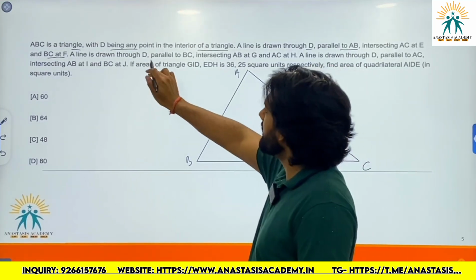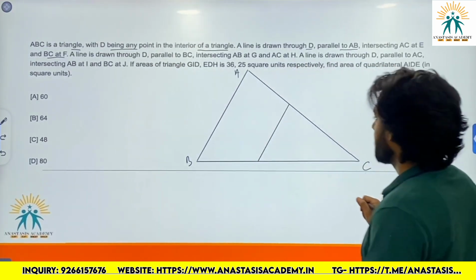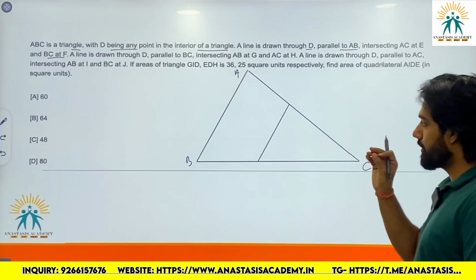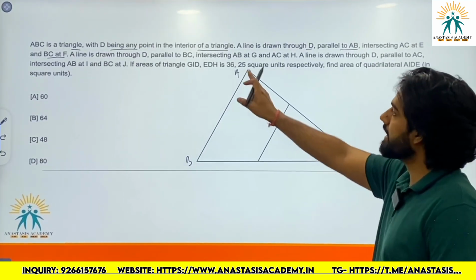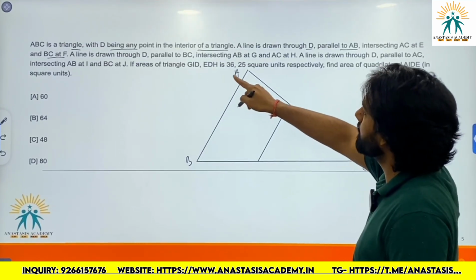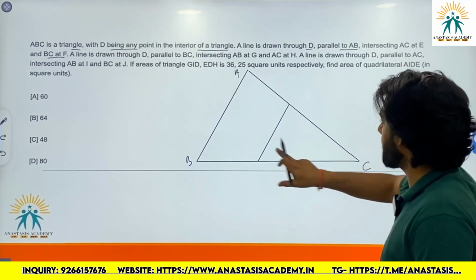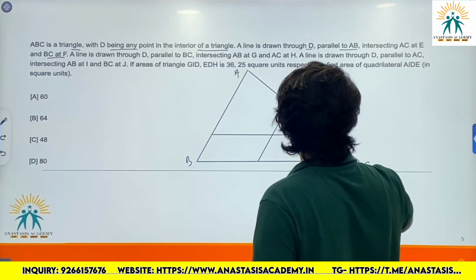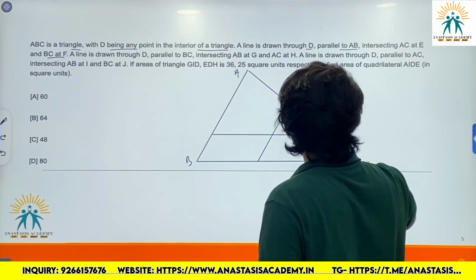A line is drawn through D parallel to BC. A line is also drawn that passes through D, and it is parallel to BC. So let's just make this line parallel to BC.